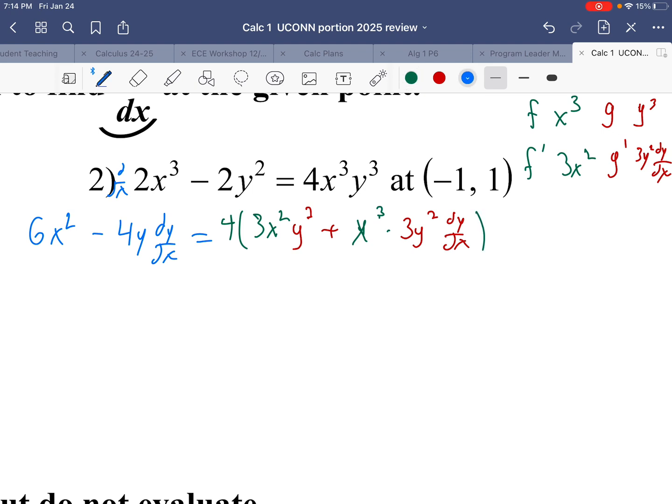My left side of the equation doesn't change. 6x squared minus 4y dy/dx is equal to, I'd write this out like it's 12. Now I prefer to write the x terms first, like x squared y cubed. And then this is going to be plus 12 x cubed y squared dy/dx.